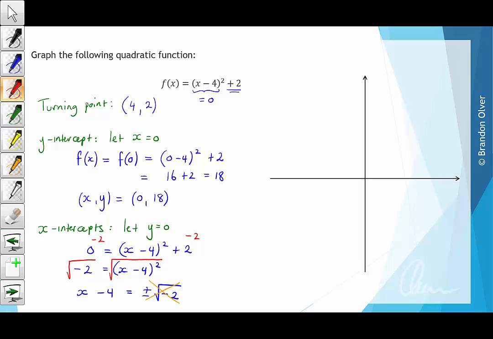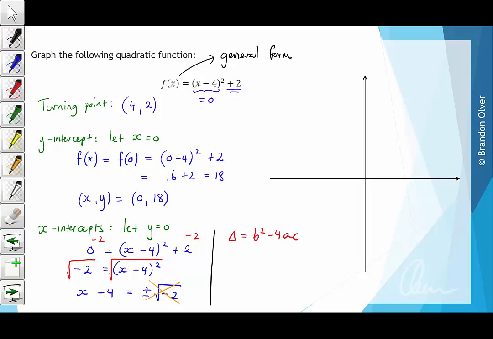So another way we could have checked if there was going to be any x-intercepts is using the discriminant. So if we just quickly check that here, we have delta is equal to b² - 4ac. And before we can use the discriminant, we need to turn f(x) into the general form. So the general form is found by expanding everything.